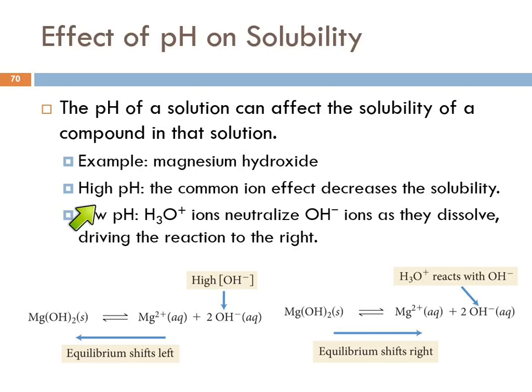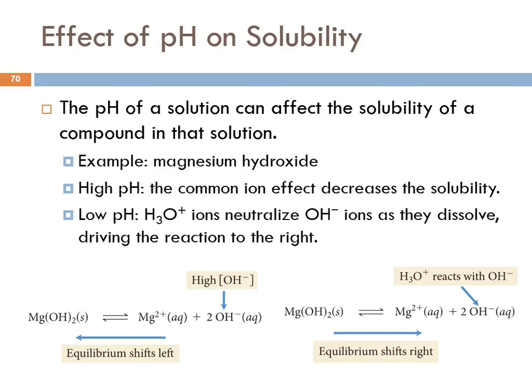At high pHs, the common ion effect is going to decrease the solubility of this compound. Magnesium hydroxide is one of those metal hydroxides that's not very soluble. If we have a high pH, we have more hydroxide, a common ion, and that's going to cause the magnesium hydroxide to be less soluble. At low pH, there's more acid present.